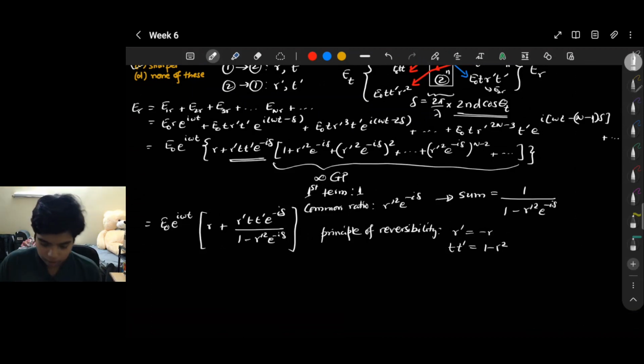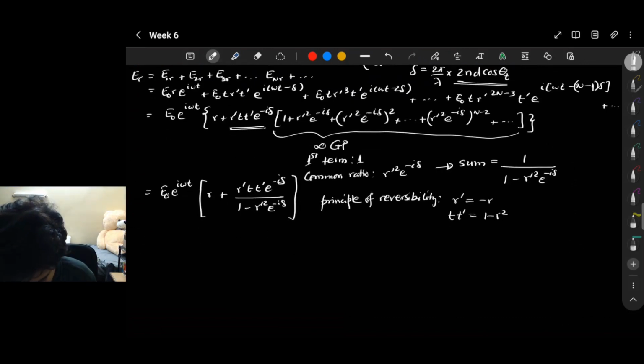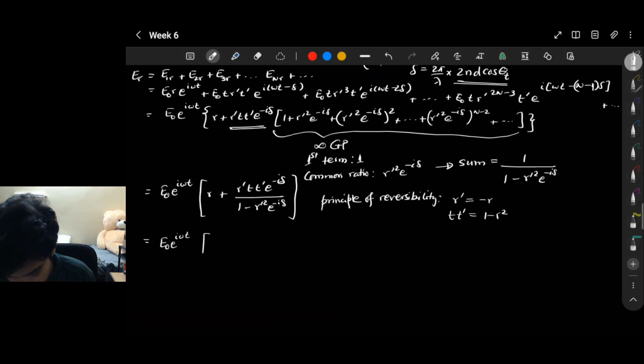Great. So I was talking about the principle of reversibility, and from there you get these relations. We can use these relations and plug them in over here to get the following form. So r prime becomes minus r, t prime is 1 minus r squared over 1 minus r prime, which is just r.